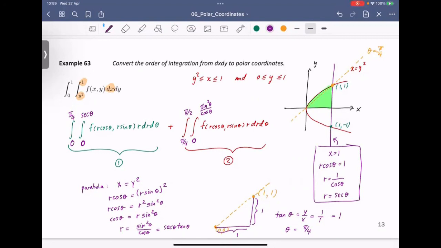Isn't it cosine theta over sine squared? Oh yeah. Thank you. Sorry, thank you for noticing that. Well, embarrassing for a teacher. Yeah, cosine over sine squared.